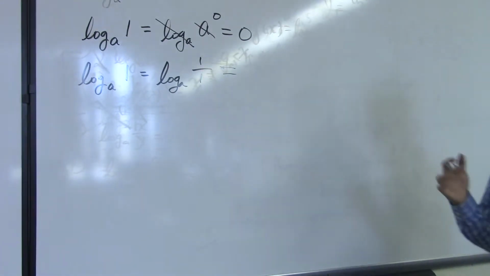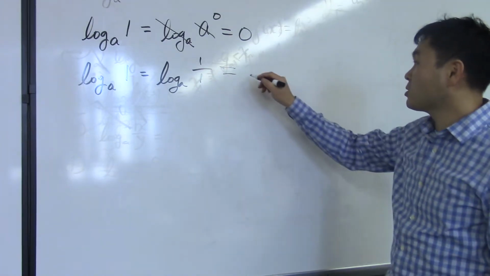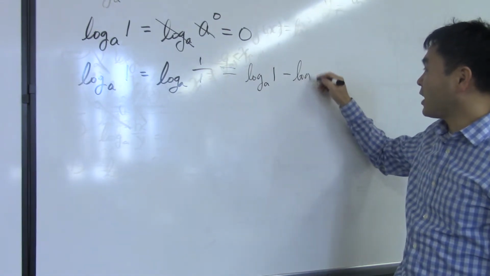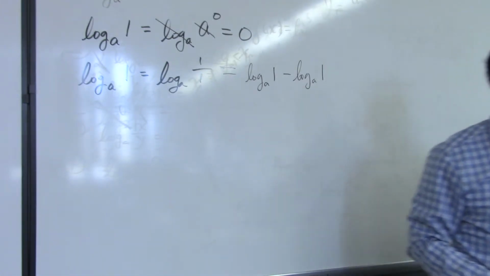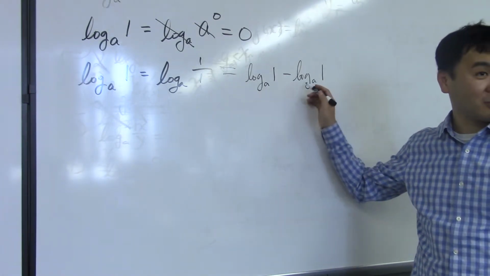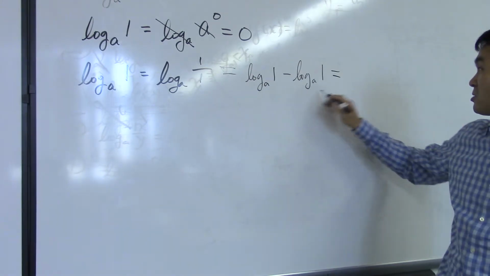It's subtraction of 2 logs. That's important. You have to say 2 logs, okay? You have log a of 1 minus log a of 1. Cancel out. Yeah, you're subtracting something from itself, right? So these two are the same thing, so it's 0.